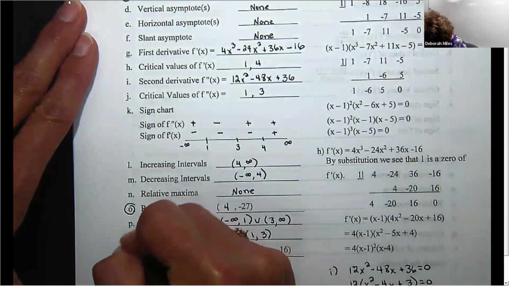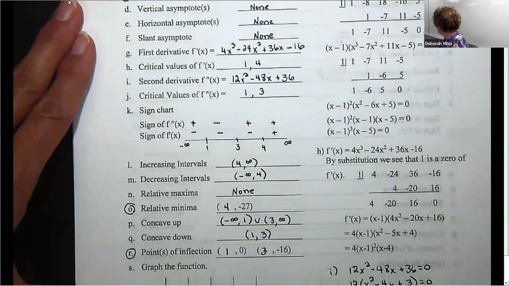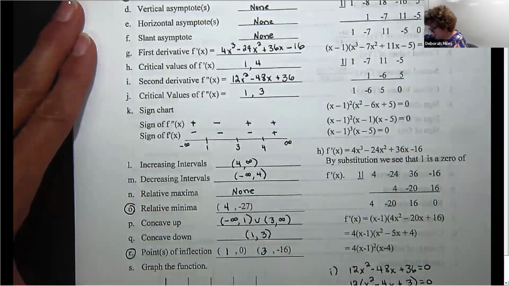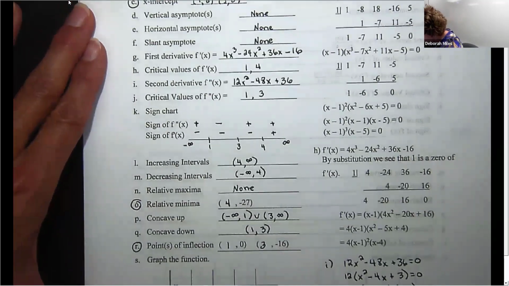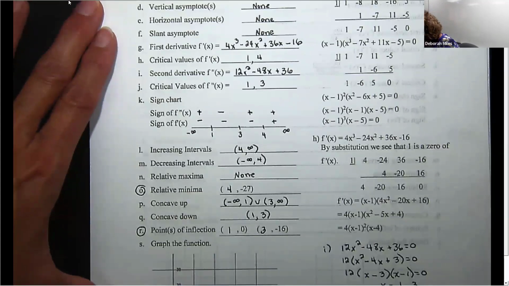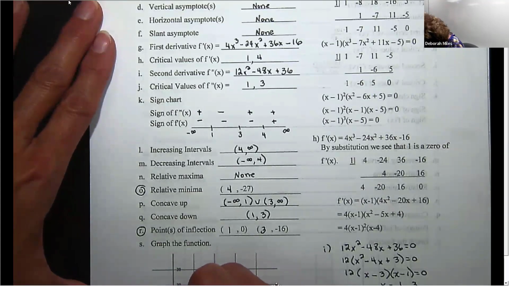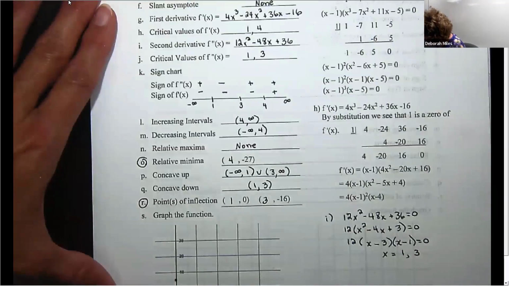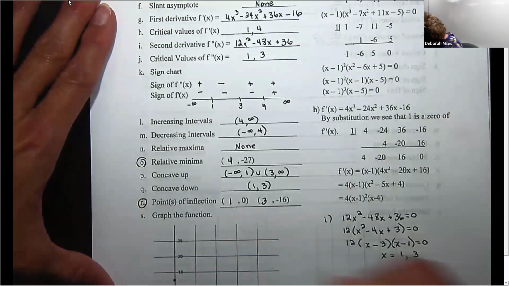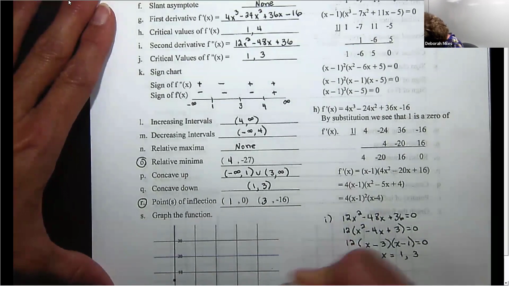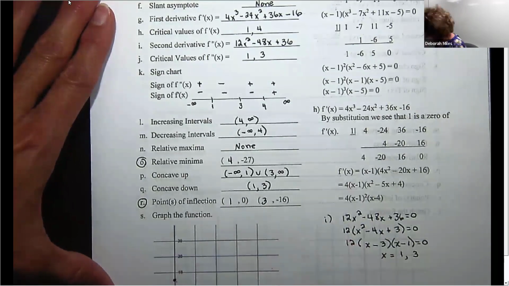And R gives us points. So let's graph all those points. 0, 5 is the y-intercept. 1, 0, and 5, 0 are the x-intercepts.